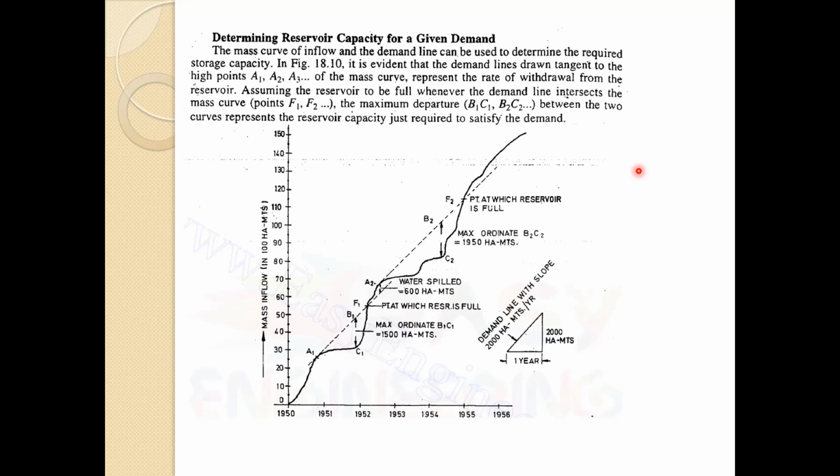Now, determining the reservoir capacity for a given demand. The mass curve of inflow and the demand line can be used to determine the required storage capacity. In this figure, it is evident that the demand lines drawn tangent to the high points A1, A2 and A3 of the mass curve represent the rate of withdrawal from the reservoir.